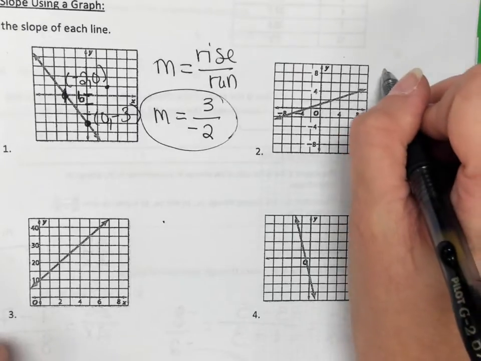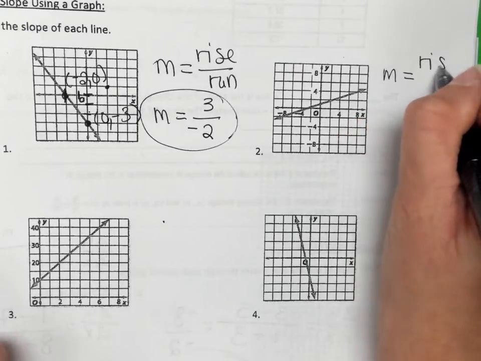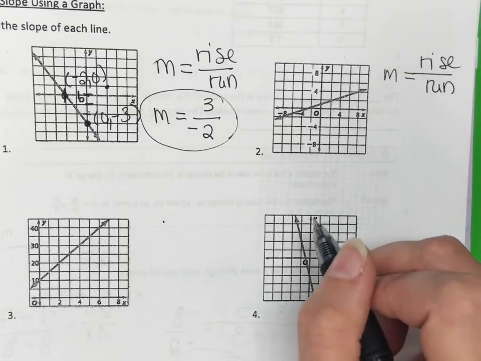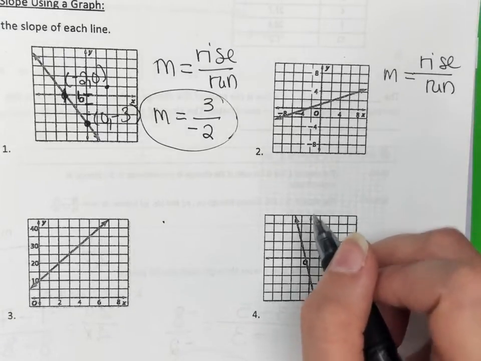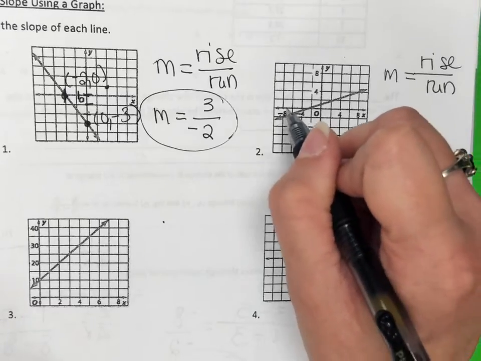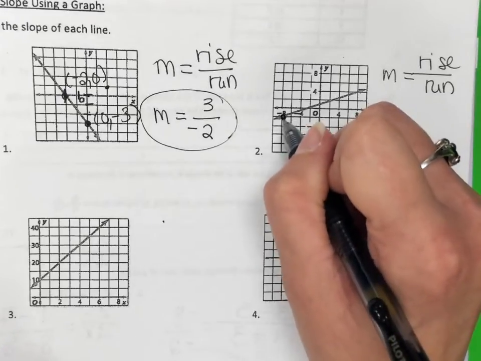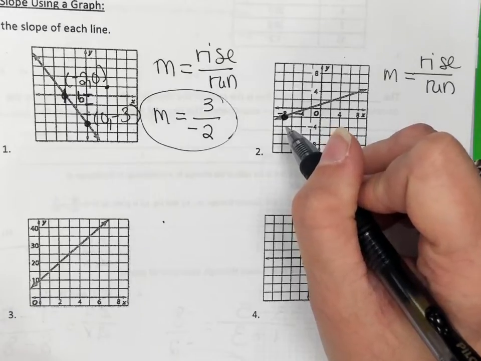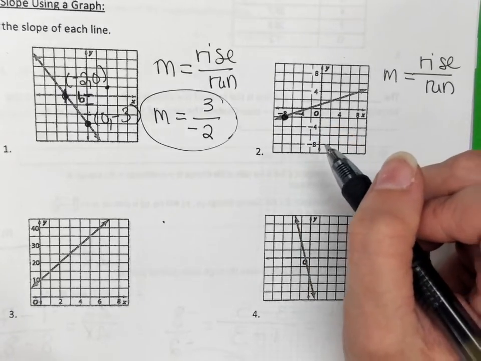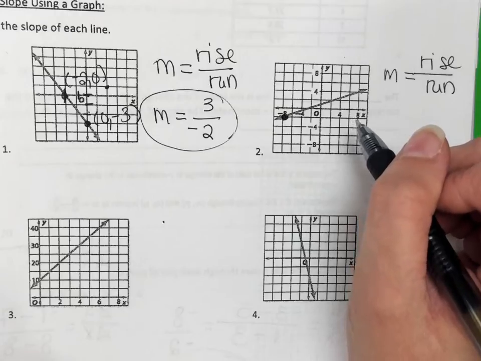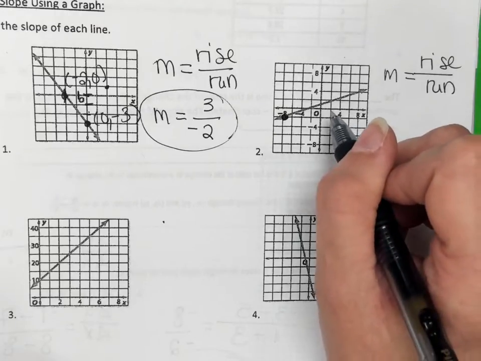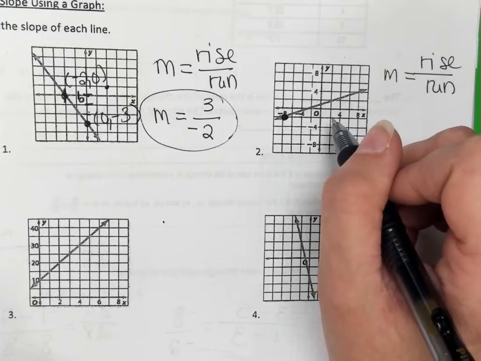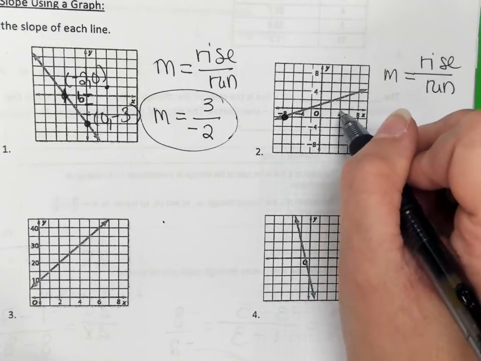Let's do another one because I see some people shaking their heads. So slope is rise over run. You need 2 points. Does anybody have a point for me? Negative 8, negative 1, right? Is anybody lost about how that's a point? All right, I need one more. Give me another point. Well, they're counting by 2s.